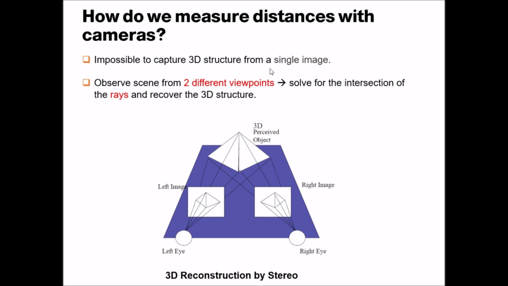So let's have this example. If you have this camera or eye, let's say camera, and this is the 3D object, this pyramid object in 3D, this is our 3D scene. This camera has this 2D image for this 3D object. So this now is a 2D image.